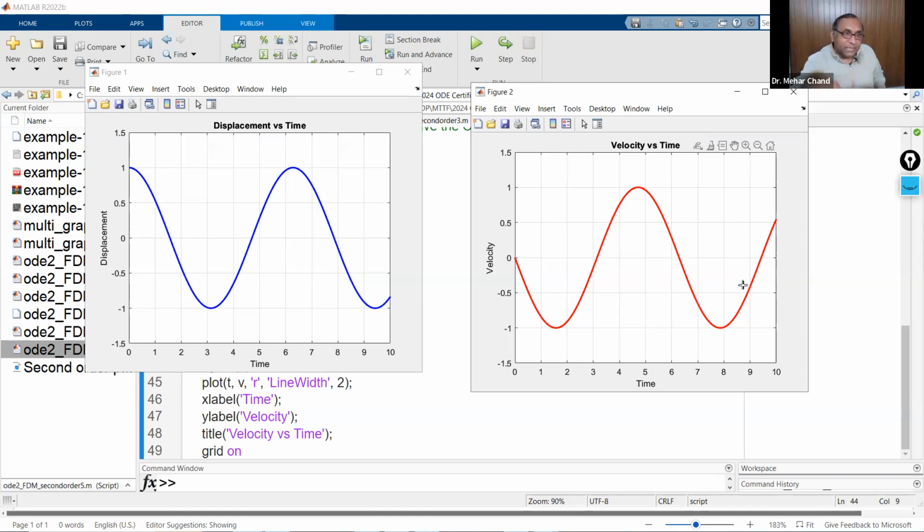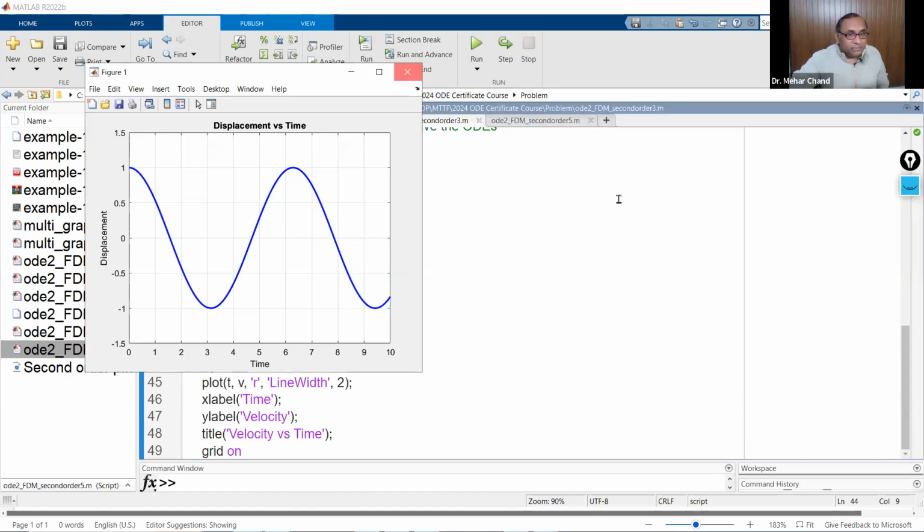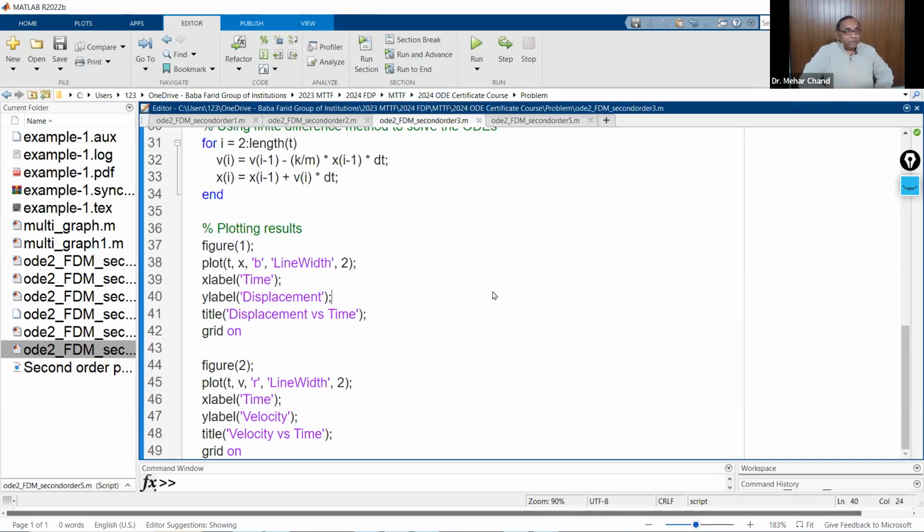You will have the same graph. There will be no difference. So this is all for the second order, or you can use this finite difference approach for higher orders also. There is also one more example I introduce here.